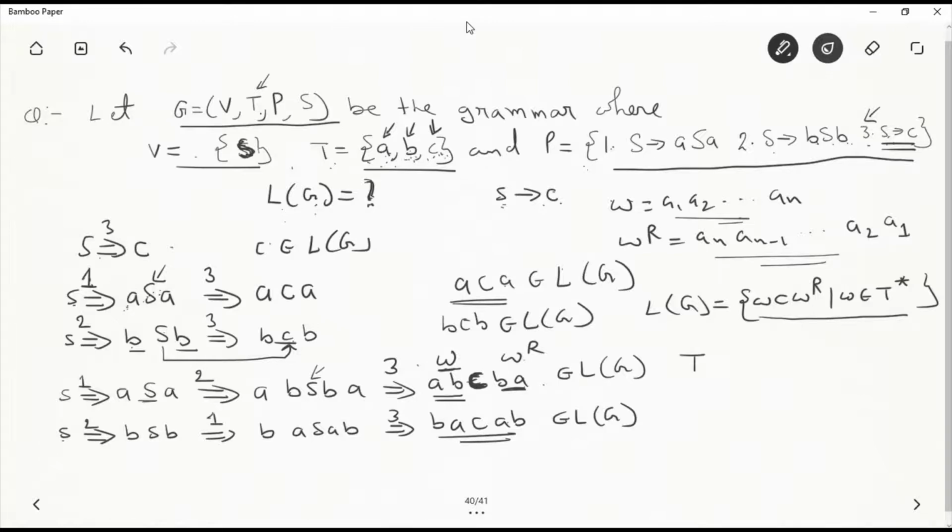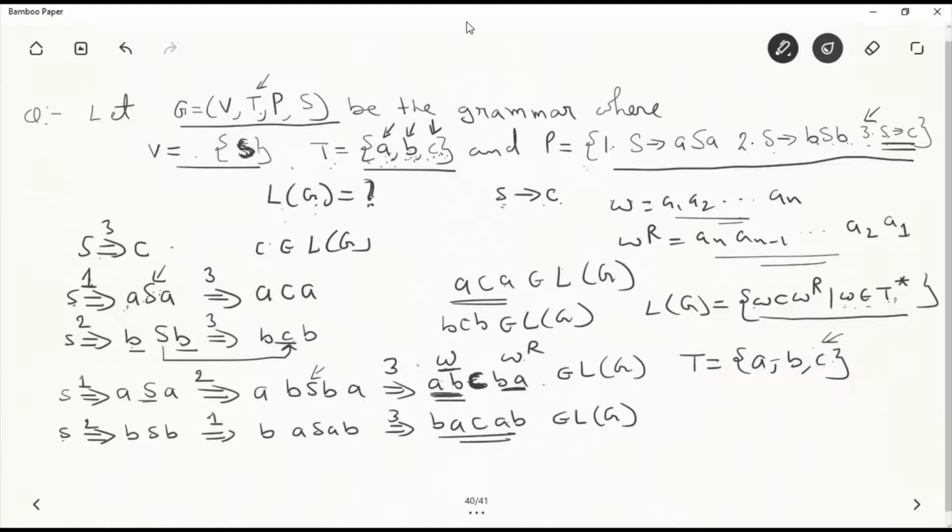Look carefully, T consists of A, B and C. If I write W belonging to the star closure of T, then any combination of A, B and C can appear in W. But this is not the case here.